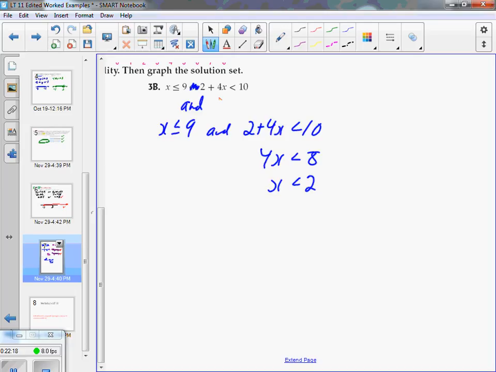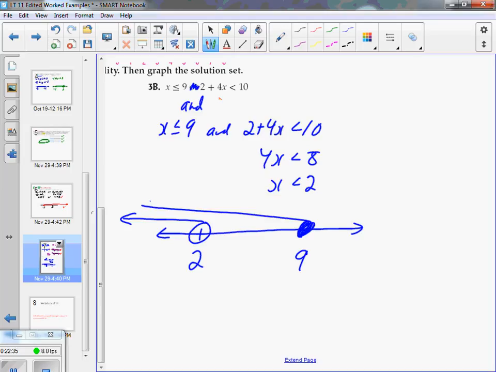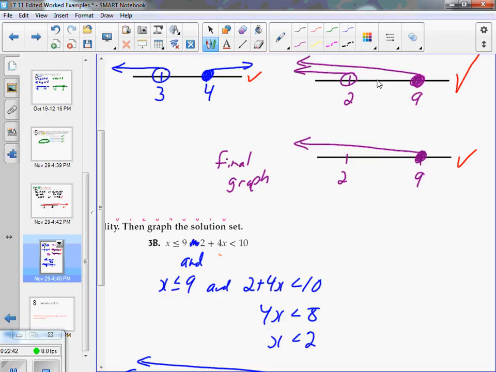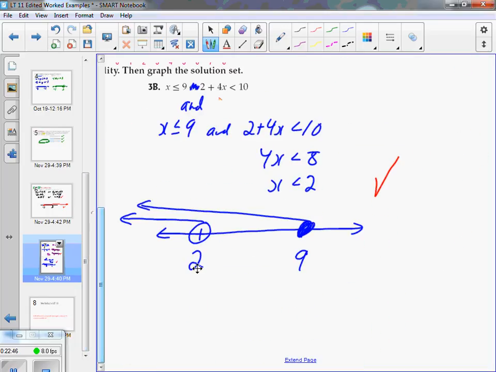And so with an and, when I graph this, I'd put a 2 on here, I'd put a 9 on here. X is less than 2 is going to be that still, right? X is less than or equal to 9 is going to be that again, right? Now, look, that graph and that graph are the same graph, aren't they? Okay? But remember what and means?